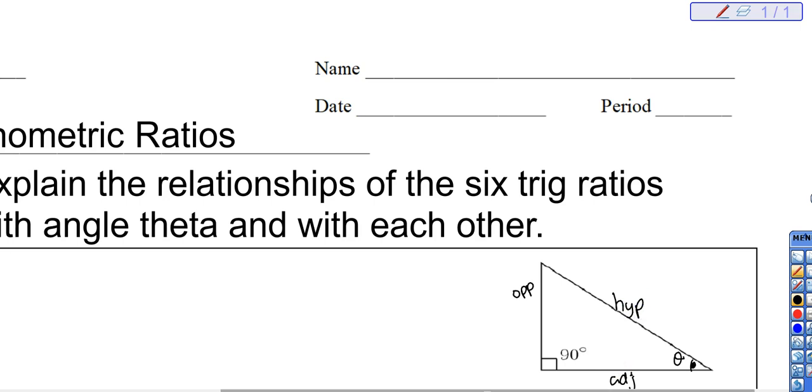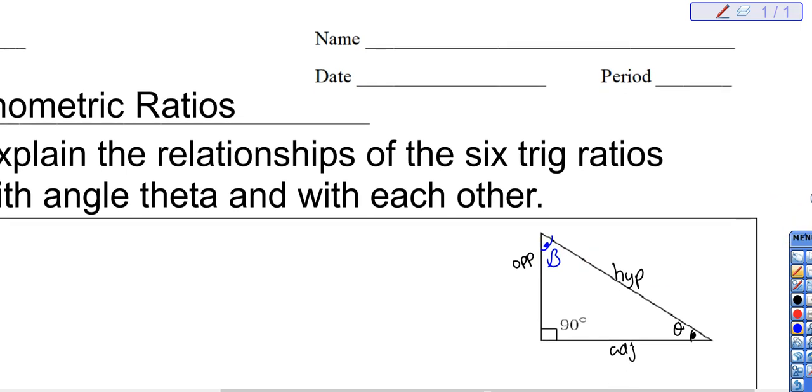Okay, so if I move angle theta, let's go with a different color. Say I put angle beta up here. So if I want to know angle beta, I have to move my eye's perspective over here. Well, what does that do to my opposite and my adjacent?